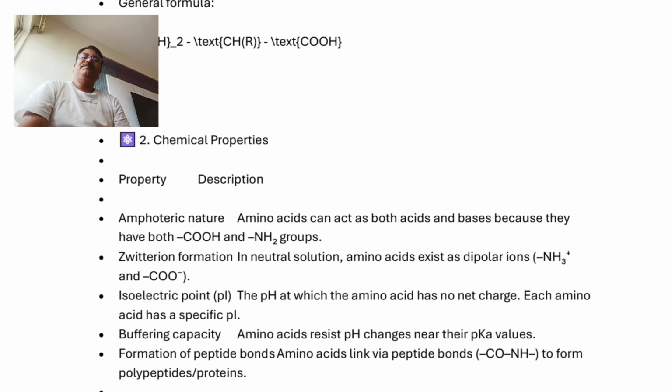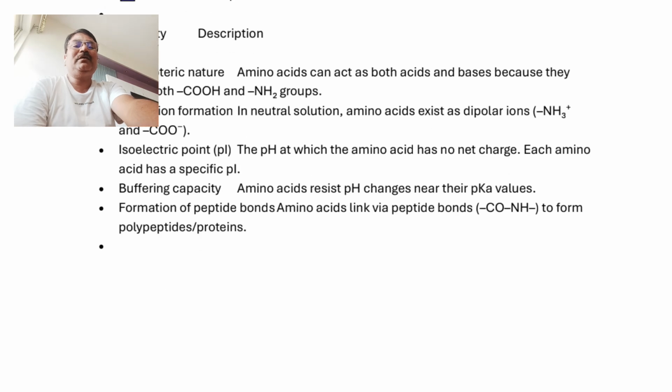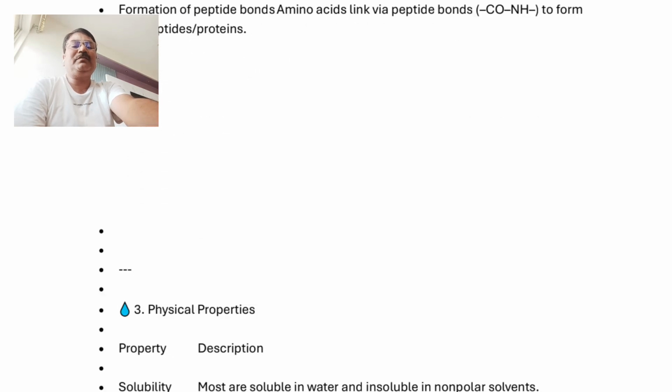Then it shows a specific isoelectric point, the specific pH at which the amino acid has no net charge, not positively charged, not negatively charged. It also has buffering capacity, and formation of peptide bonds of amino acids so as to give polypeptides, and such linkages are observed in proteins. So these are the chemical properties of amino acids.